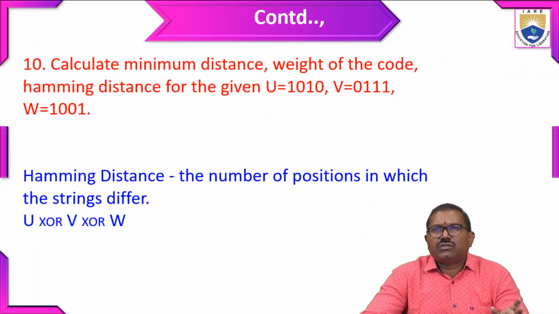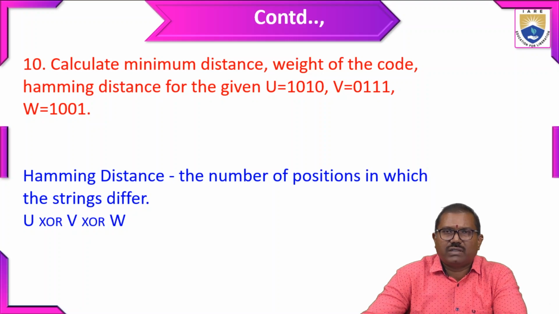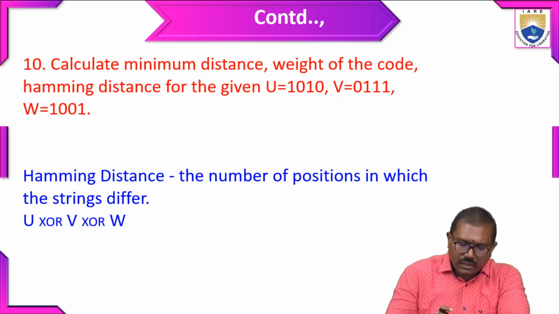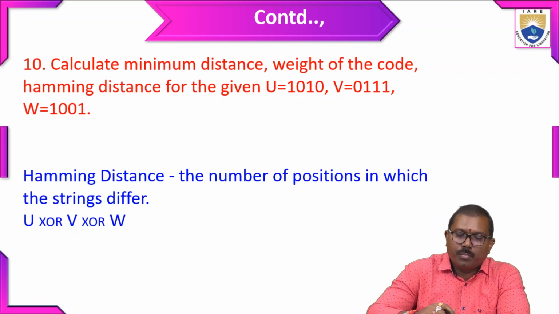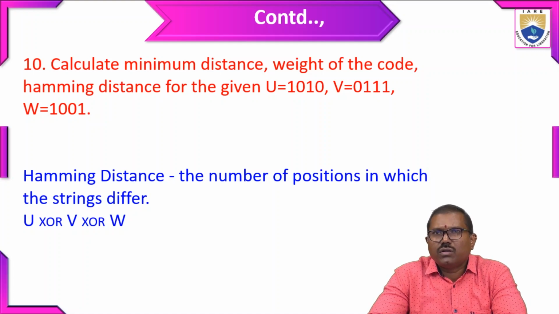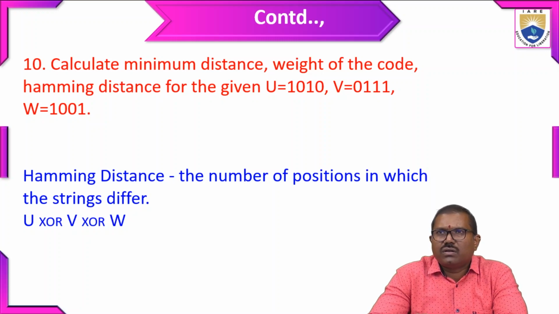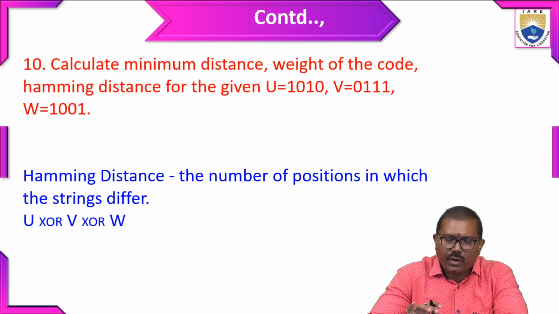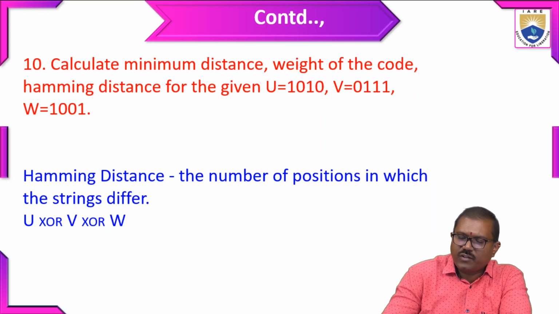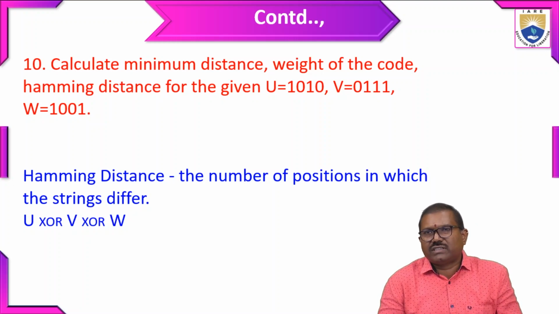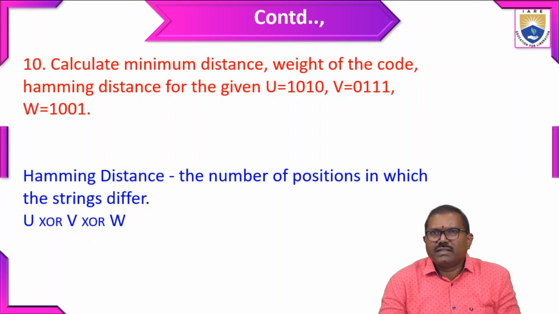Okay, coming to the last one. Calculate the minimum distance, weight of the code, and Hamming distance for the given U = 1010, V = 0111, W = 1001. Hamming distance is the number of positions in which the strings differ.